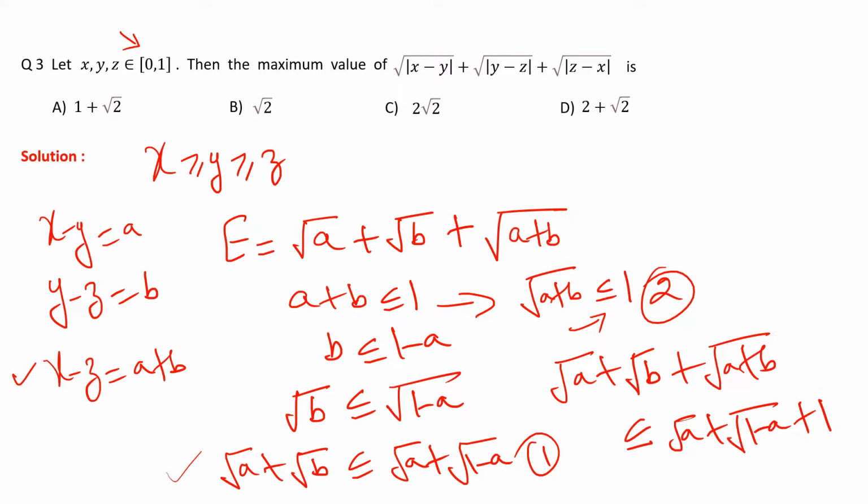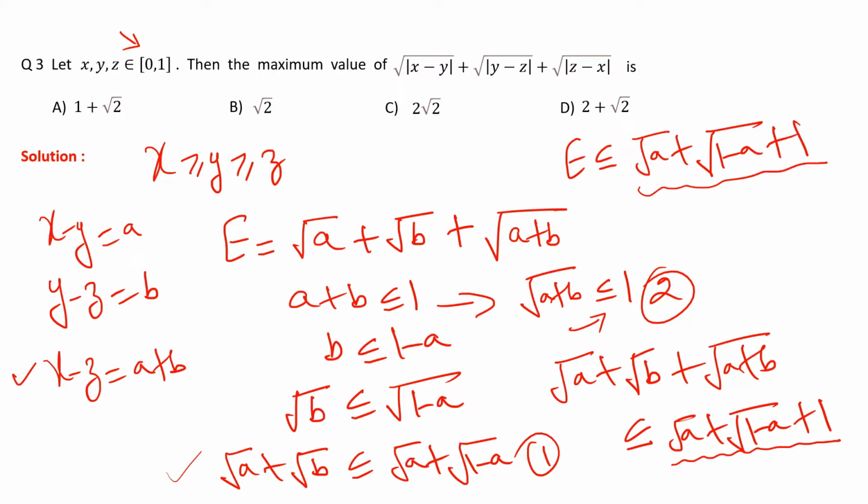Now it's very much clear that the maximum value of E will depend on the maximum value of this expression which I have written on the right hand side. So I can write E less than or equal to root a plus square root of 1 minus a plus 1. Now there are two ways to find the maximum value of this underlined expression. Either you can assume a as sine square theta, because ultimately a is lying between 0 to 1.